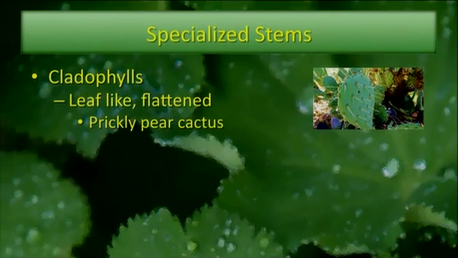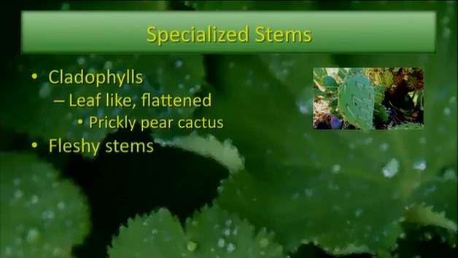Well, because here you have the nodes, the areoles, right, where the spines come off, and spines are modified leaves. Okay, so the prickly pear cactus is actually, most of it is stem. Okay, so that's what you call a cladophyll. Also, some orchids also have cladophylls, and asparagus does too.